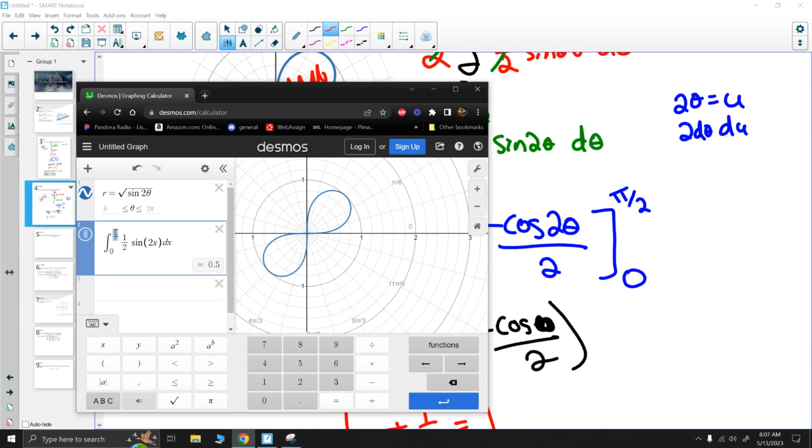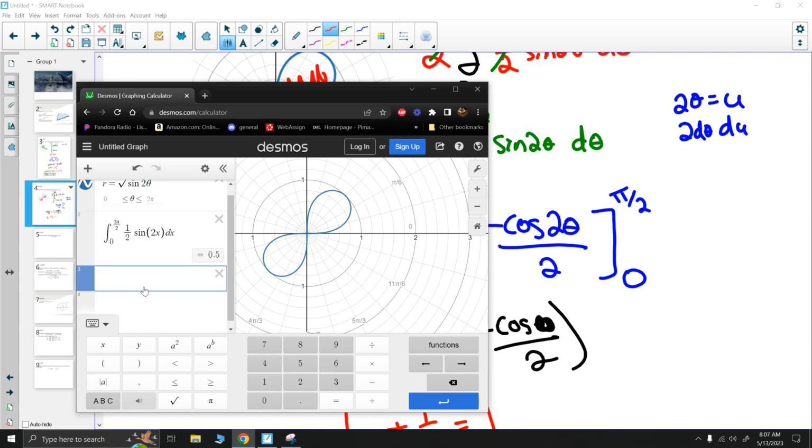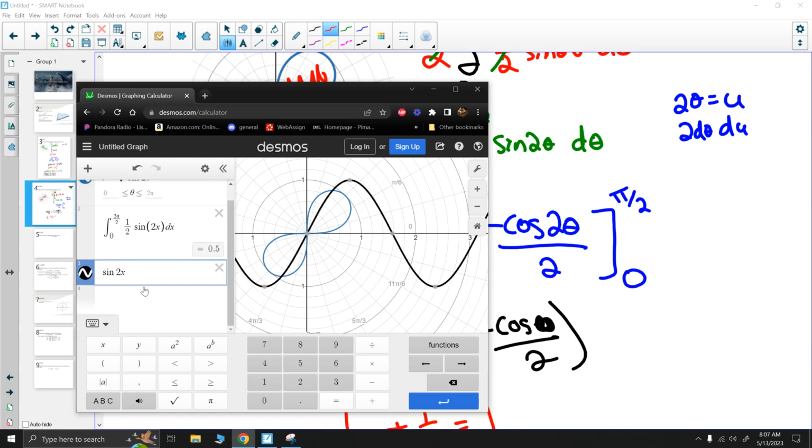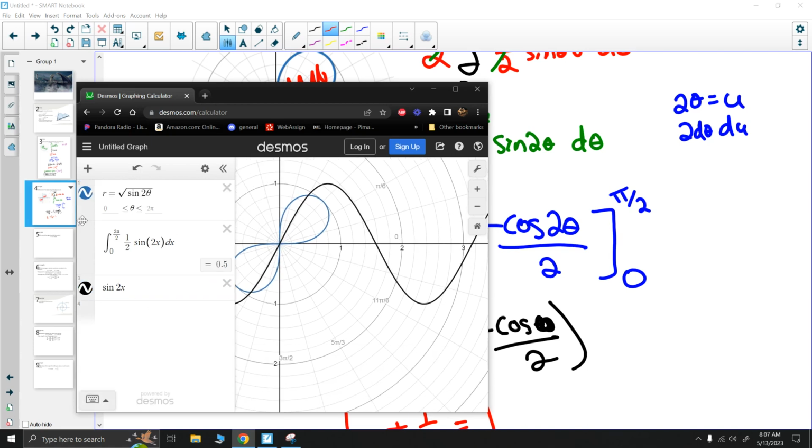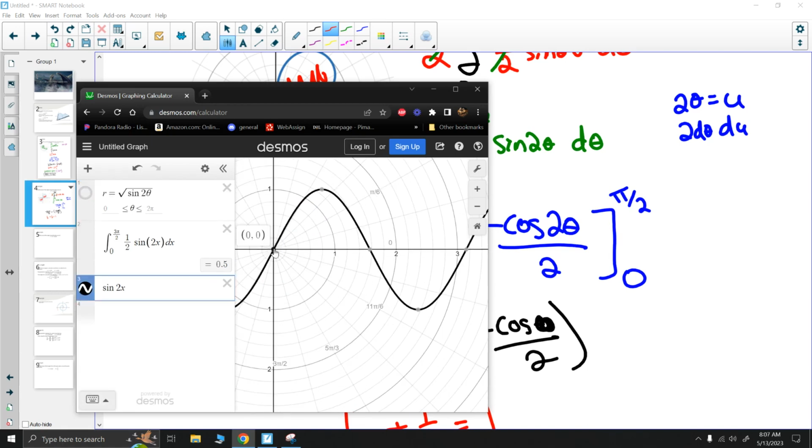Now, if we were to take this until 3 pi halves, we end up with an issue here. From 0 to 3 pi halves, we're just getting pi halves. The reason is, if we think about sine of 2x, from 0 to pi halves we have this region here, and from pi halves to pi it's negative, so essentially it cuts it out.